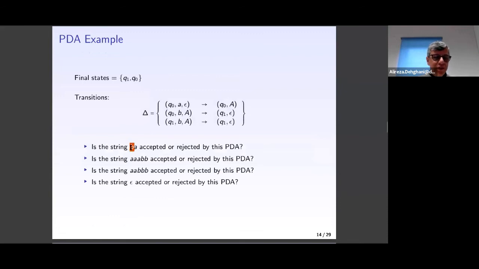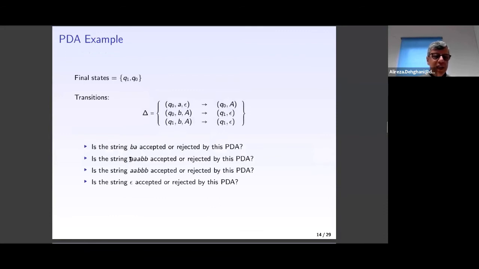But in the beginning, when you start the string, your pocket is empty. How do you want to take one coin, one character from the stack? It is impossible because the stack is empty. So we don't have any rule for being in Q0, reading B, with an empty stack. So definitely it is rejected. It's not accepted.